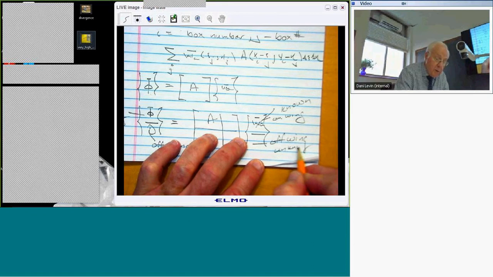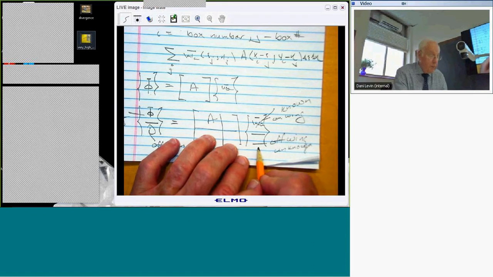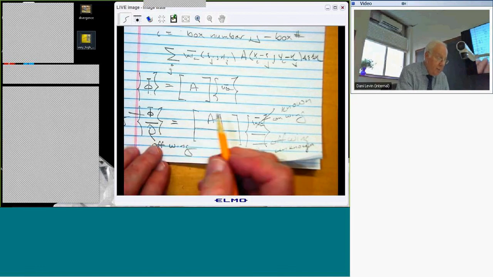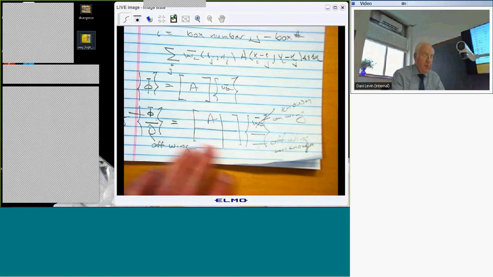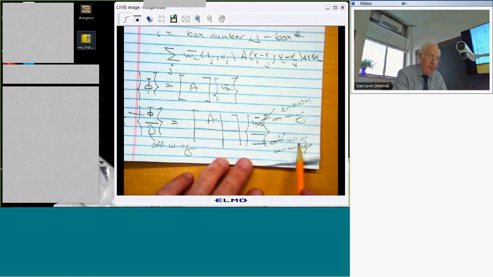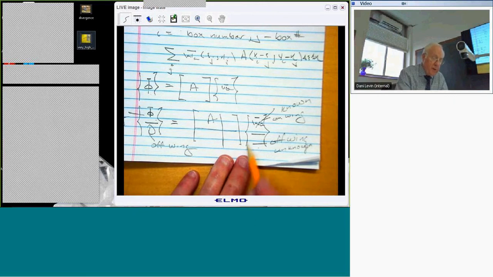I don't know the W bars off the wing. On the other hand, I don't know the phi bars on the wing. Well, what can I do? By dividing this up, I can initially solve the last several equations, the ones that correspond to off-wing boundary conditions, for these W bars off the wing.